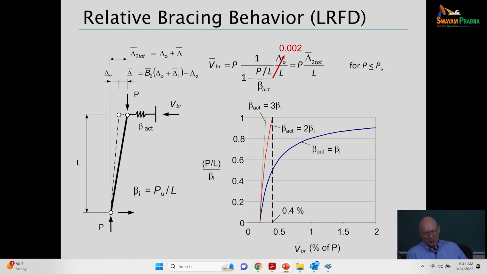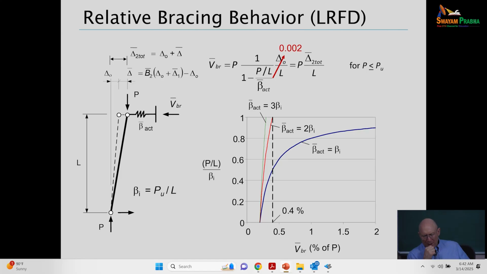Well, that means on the vertical axis here, increasing from 0 to 1. And on the horizontal axis is basically showing what sort of bracing shear force, if it's a shear panel, or a bracing axial force, if it were a strut there at the top, we are getting from our analysis. Again, if we didn't have an imperfection that we were starting with of essentially delta naught of 1 in 500 L, we wouldn't get any brace force.